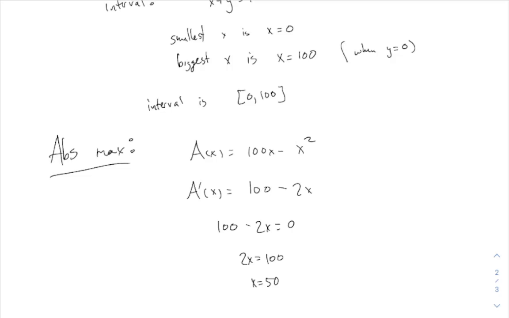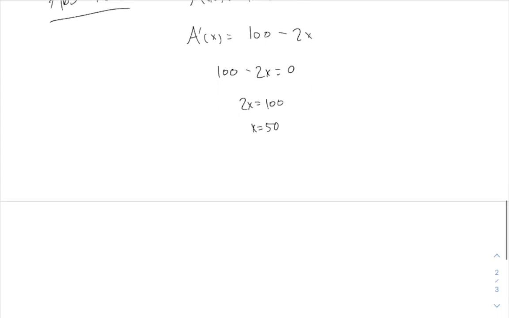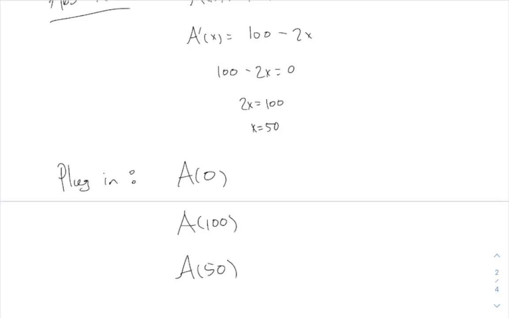And then I'm just going to plug a bunch of stuff in. I'll go A of 0 and 100 were my two endpoints, and then I also go A of 50, right? And the formula, of course, was A of x equals 100x minus x squared, right? Now for the 0 and 100, you can plug them in if you want to, or you could just remember the setup here.